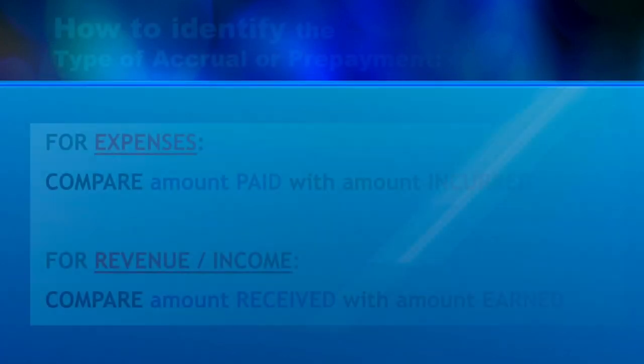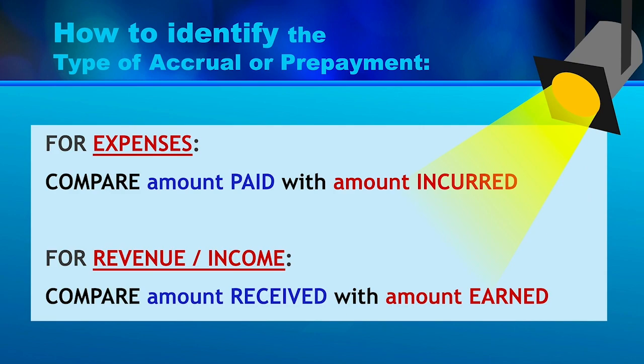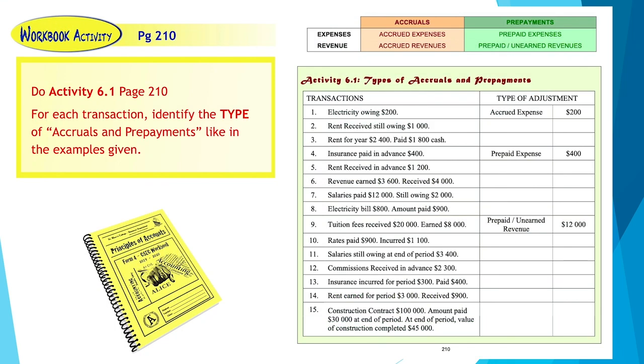And once again, how would you do that? Always look for or identify the incurred or earned and the paid or received. And of course, you will also have to identify which one is the expense and which one is the revenue. So always remember that too. In fact, that's the first thing you're going to do, whether it's an expense or whether it's revenue. And then you're going to try and identify whether it's prepaid or whether it is accrued.